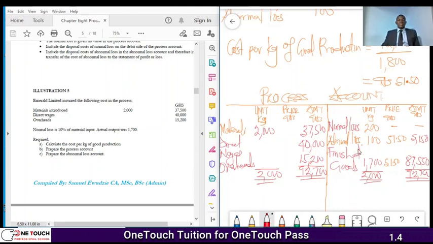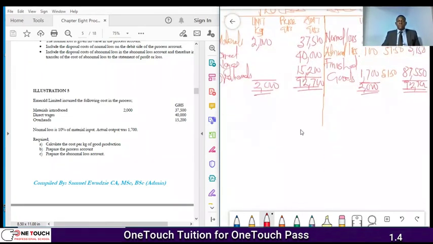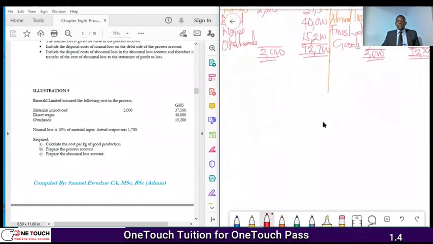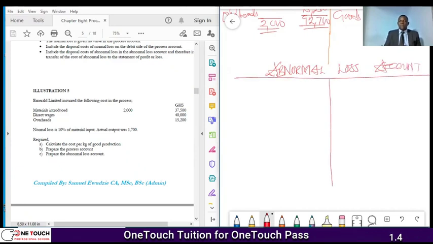Let's open our abnormal loss account. This is the abnormal loss account.